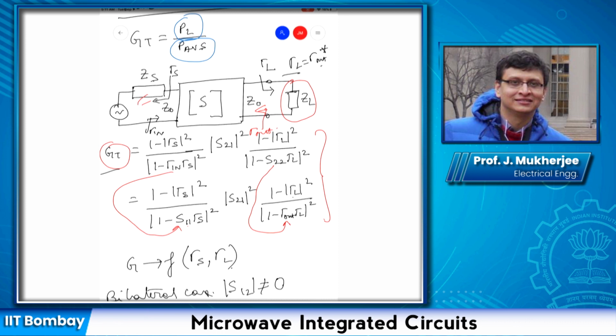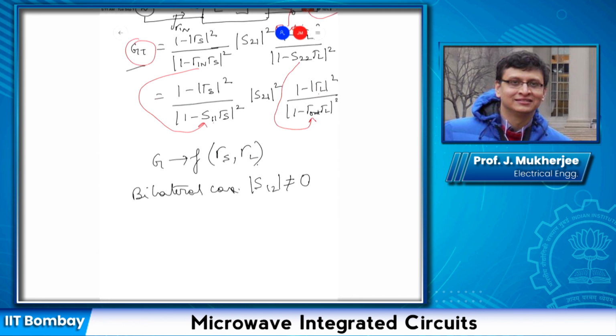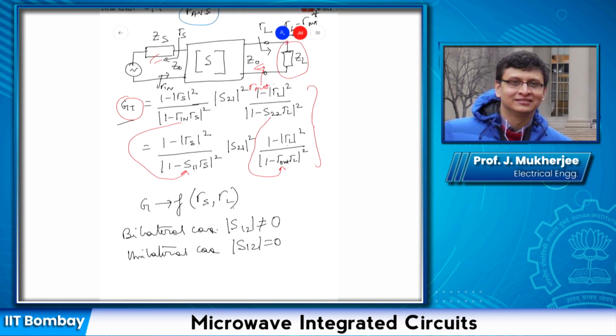There are some special cases, of course, as we shall see. One is the unilateral case. For the unilateral case, the magnitude of S12 is equal to 0, and then we shall see that this expression is somewhat easier to handle.